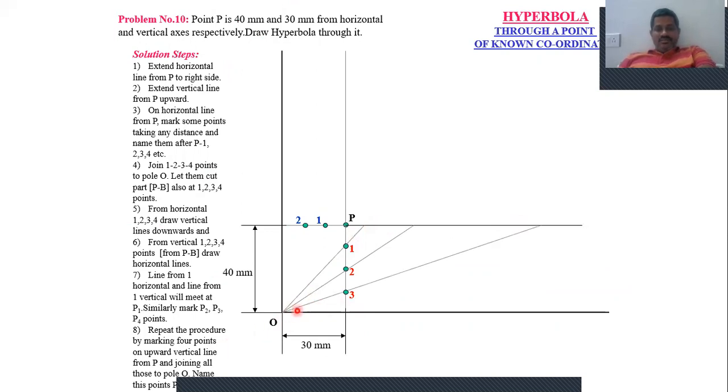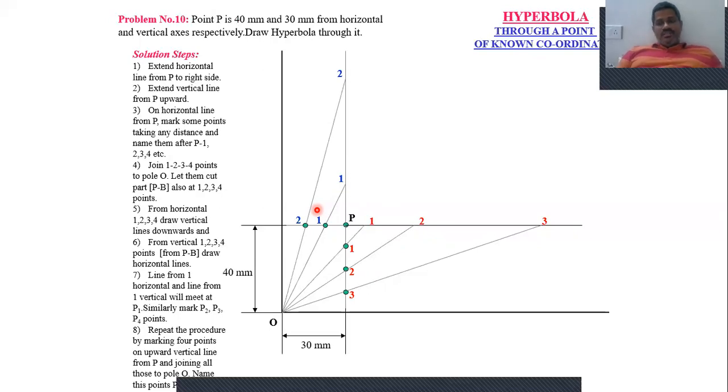Then draw the line which must pass through point 3 up to this extended line, and similarly draw the lines up to this location. Then name these points 1, 2, and 3.